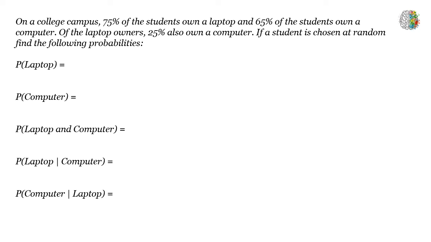Let's look at the next problem. On this one, it says on a college campus, 75% of the students own a laptop and 65% of the students own a computer. Of the laptop owners, 25% also own a computer. If a student is chosen at random, find the following probabilities.